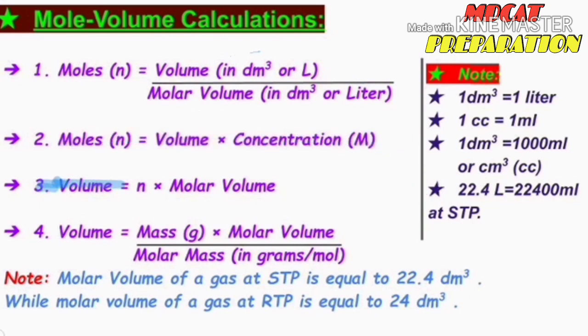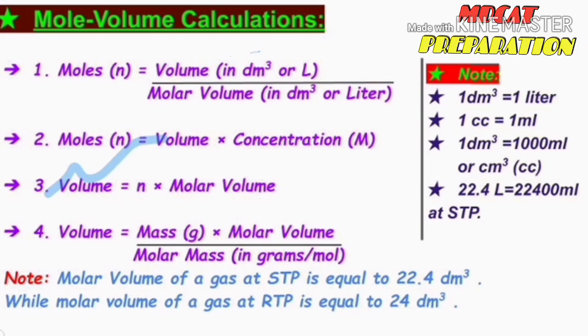Number 3: volume is equal to number of moles into molar volume. We can easily find volume by multiplying the number of moles with molar volume. It must be noted that in this case the number of moles will be given, molar volume is also a constant number, and volume can easily be found.